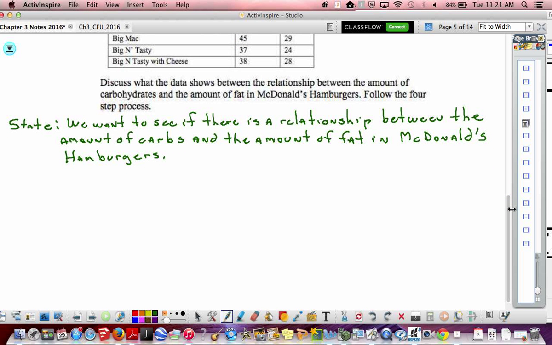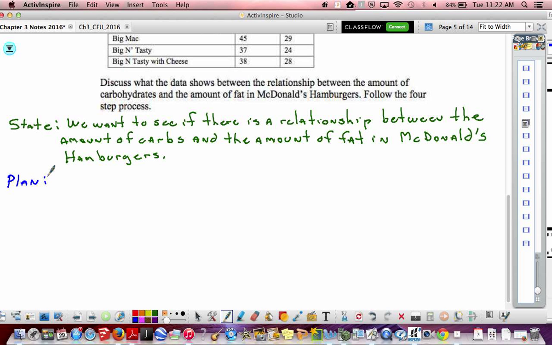That is a classic. All right, continuing on, we want to do our plan. In order to answer this question, what's one thing that I can do to get an idea of what's going on here? What did we do yesterday?